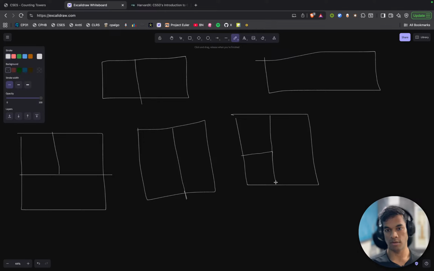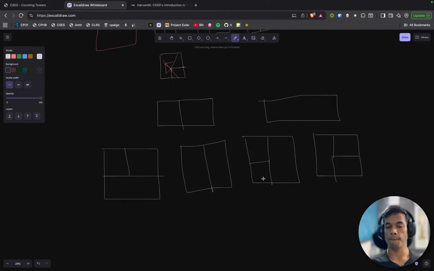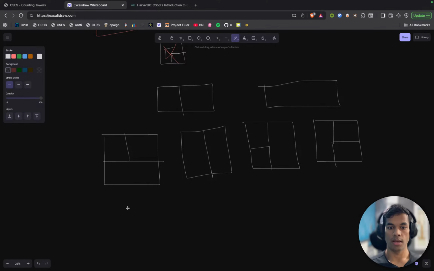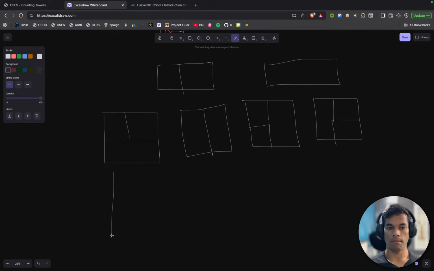Yes. Do it this way or do it this way, or make all the lines that there could be like this. So five possibilities right there.